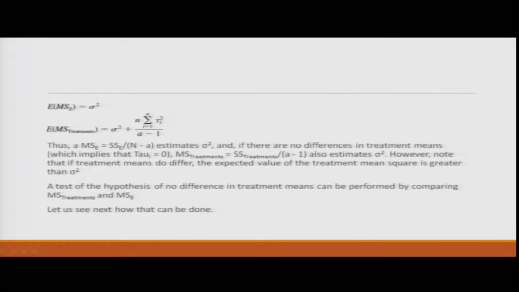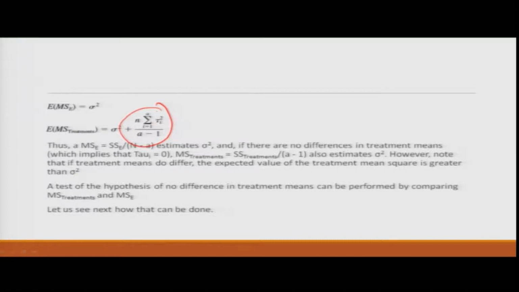Thus, the mean square of the errors estimates sigma square, and if there is no difference in the treatment means, which implies tau suffix i is 0, then the mean square of treatments also estimates sigma square. However, note this, that if the treatment means do differ, the expected value of the treatment mean square is greater than sigma square, corresponding to the fact that the second term which you have may not be 0. A test of the hypothesis of no difference in treatment means can be performed by comparing the mean square of the treatments and the mean square of the error.